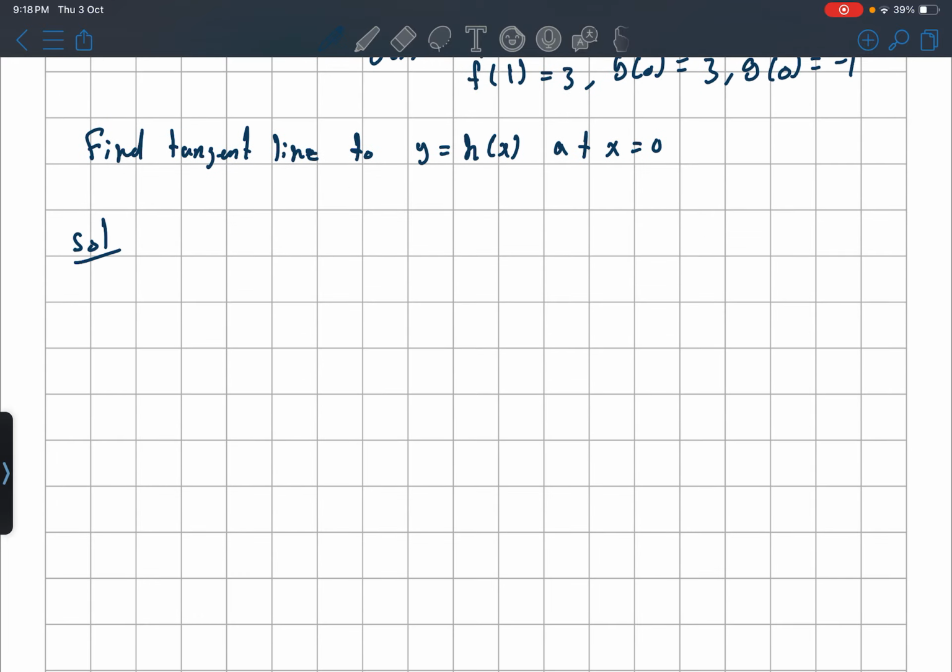Okay, so solution. First, you have to know the tangent line to y equal h(x) at x equal to a is y equal h prime a times x minus a plus h(a). And h prime a represents the slope m tan.